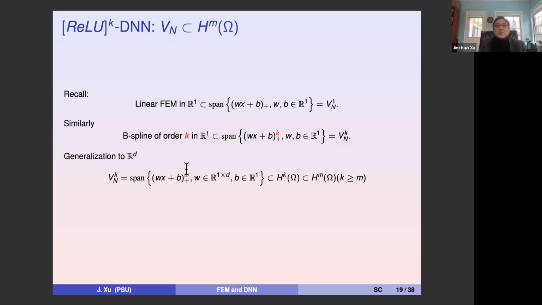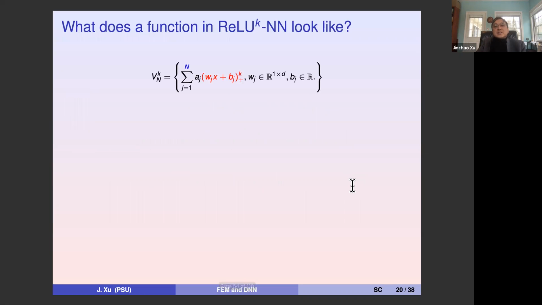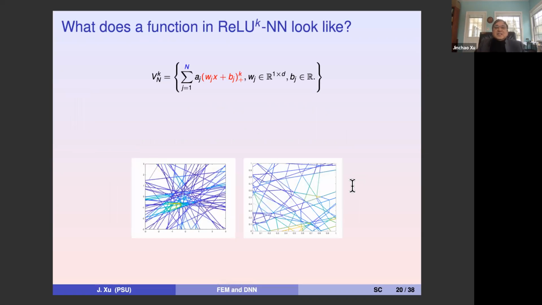This is 1D, but in multi-D you get a subspace of H^k and H^m if k is greater than or equal to m. You have a piecewise polynomial, which looks like this. So you think of a piecewise polynomial of degree k, it's a finite element. But the grid is very, very special.